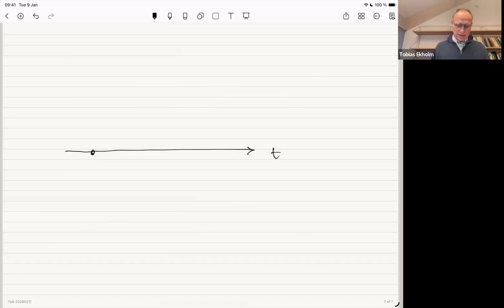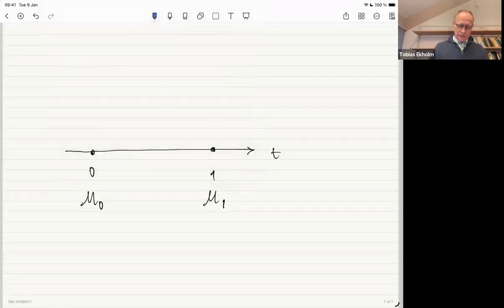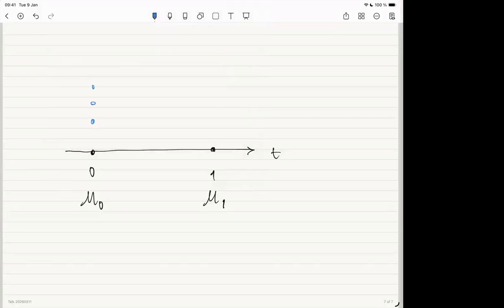I start at, say, t equals 0, and I want to end at t equals 1. At t equals 0, I have my moduli space M0, and here I have my moduli space M1. And that moduli space is just a bunch of points over here at 0.